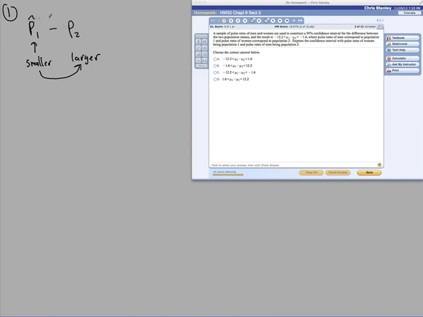So what they did is they took a sample and they found this P hat. The smallest this thing is expected to be is negative 12.2, and the largest this difference is 1.6. If you switch them and put the P2 minus the P1, this must be larger and this must be smaller, which produces positive numbers.